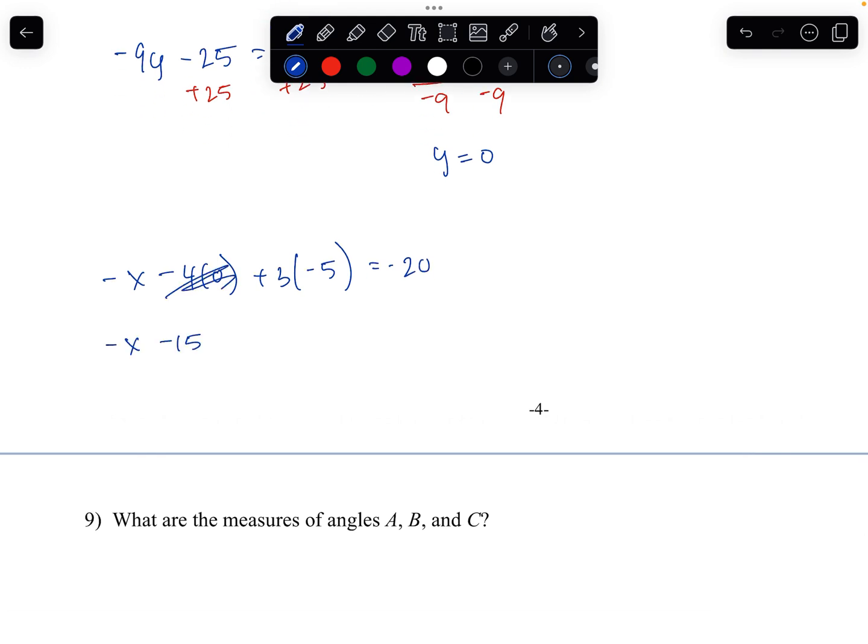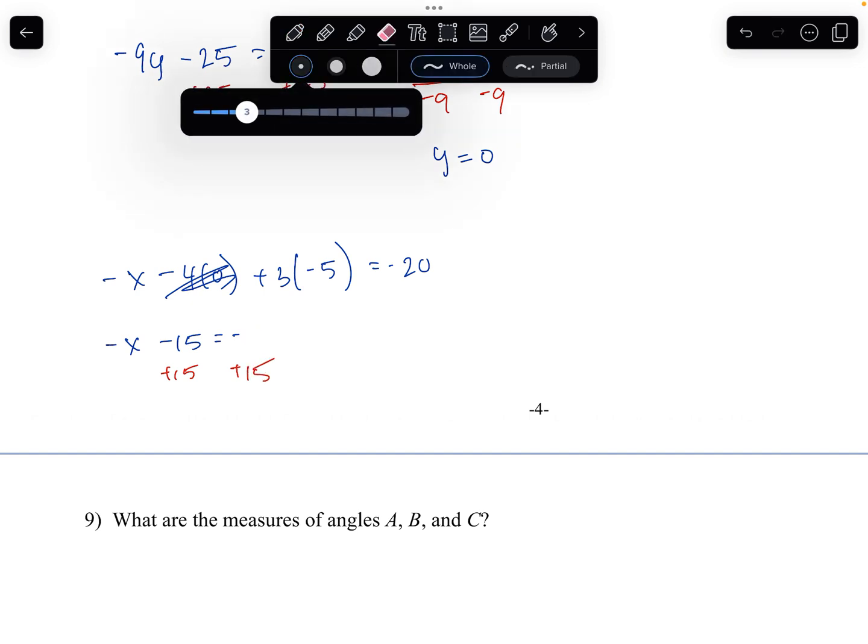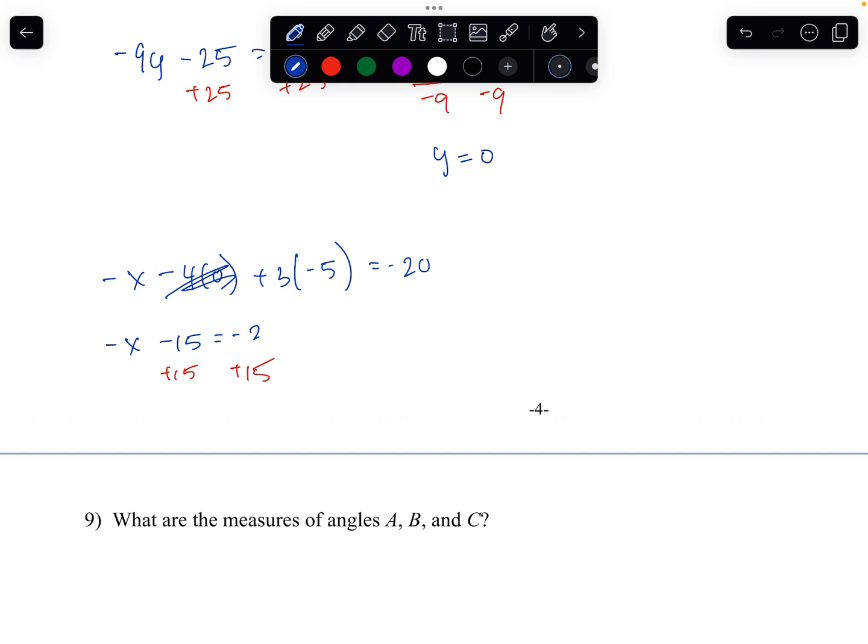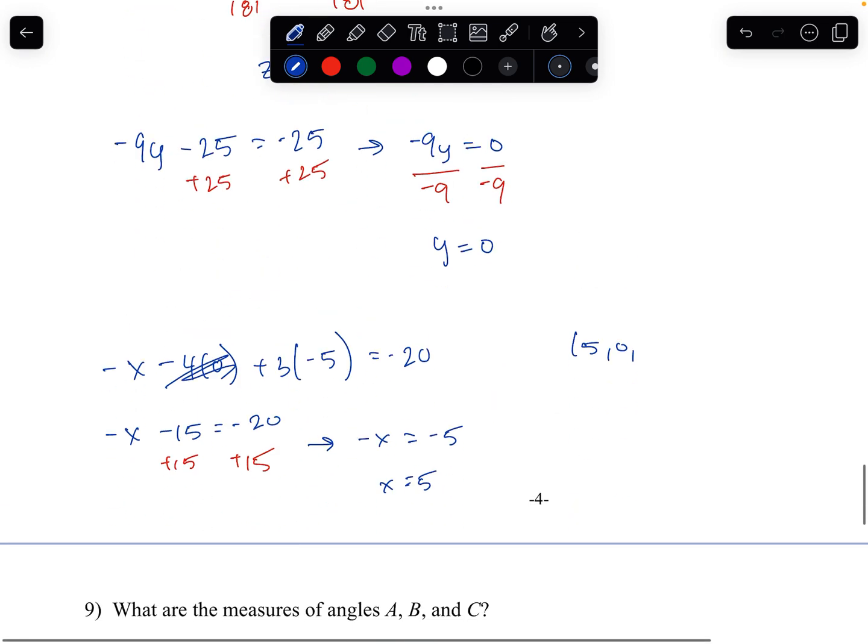Minus 15 is equal to negative 20. Let's add 15. So I get negative x is equal to negative 5. So x is equal to 5. My solution is 5, 0, negative 5.